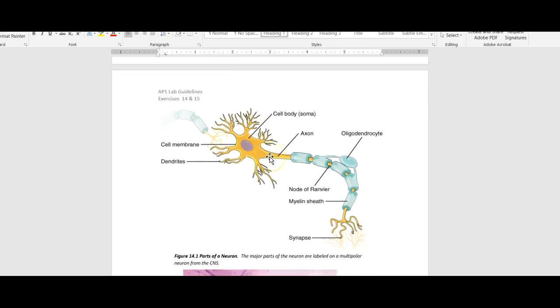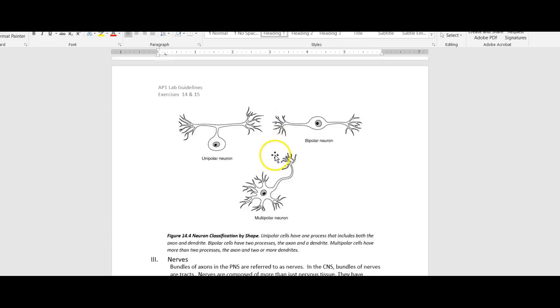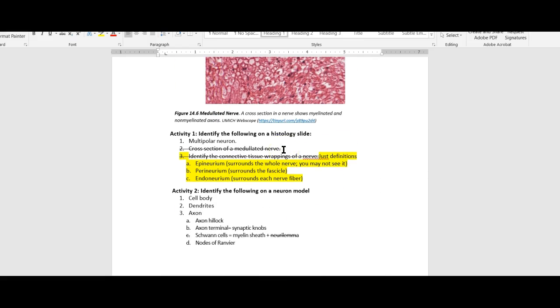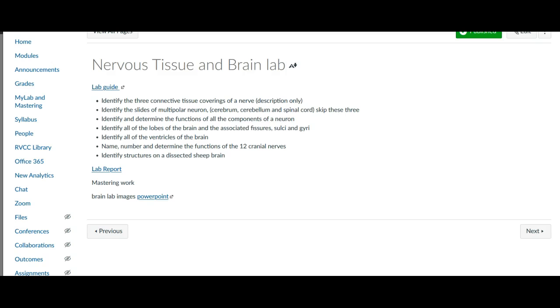So we'll skip past all of this. Activities. So histology, it is multipolar neuron, and then we're not doing the cross-section of the medullated nerve, just the definitions. The picture of the multipolar neuron in the lab guide is pretty good.